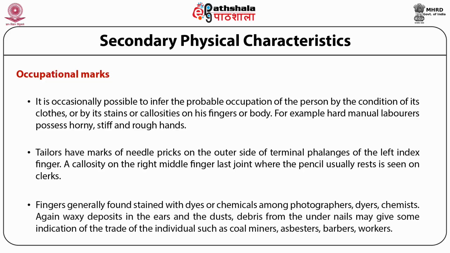Fingers are generally found stained with dyes or chemicals among photographers, dyers, and chemists. Again, waxy deposit in the ears and dust debris from under the nails may give some indication of the trade of the individual, such as coal miners, asbestos workers, barbers, and others.